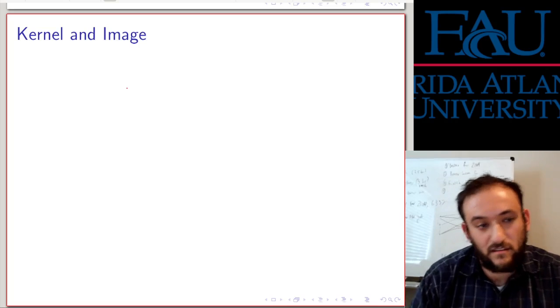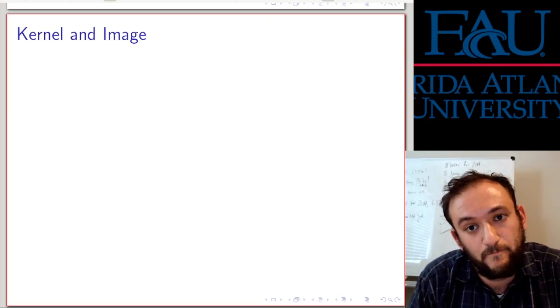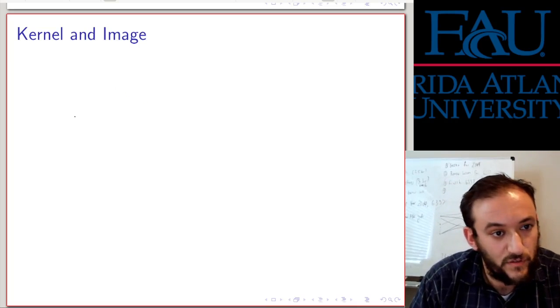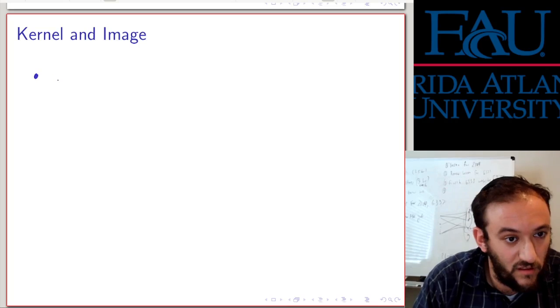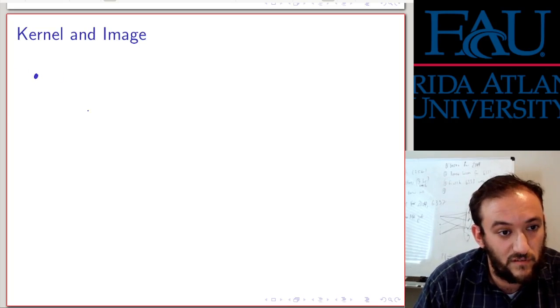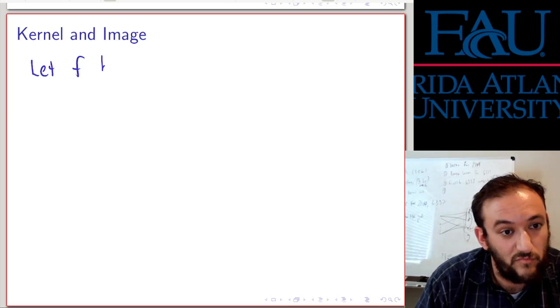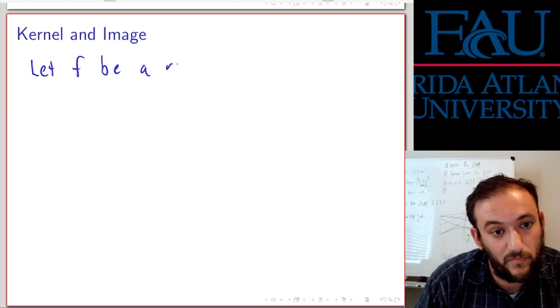Now let's look at homomorphisms once again. So we're talking about kernel and image. So first we want to observe that the kernel, so let f be a ring homomorphism.